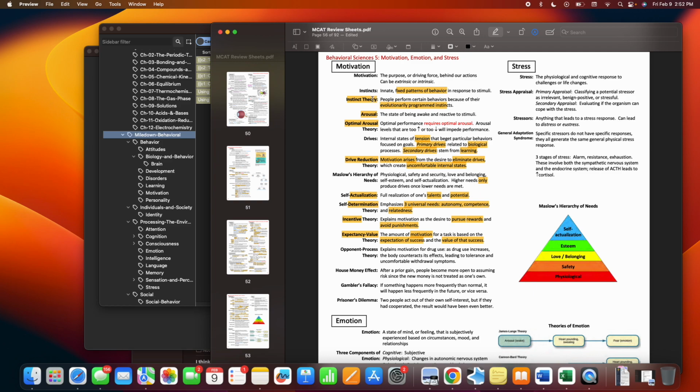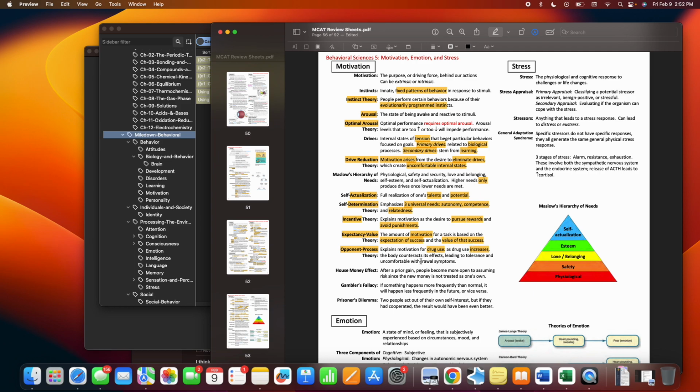We had instinct theory, where let's just finish the theories and we'll come back to all these theories. Opponent process theory explains motivation for drug use. As drug use increases, the body counteracts its effects.